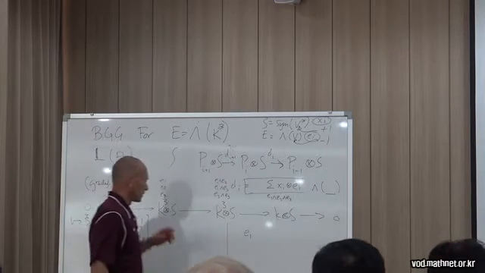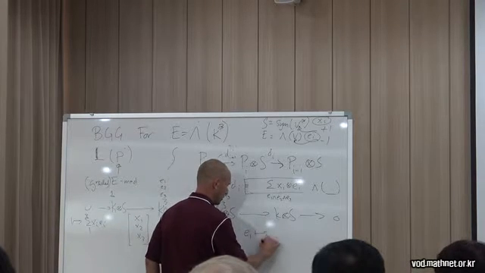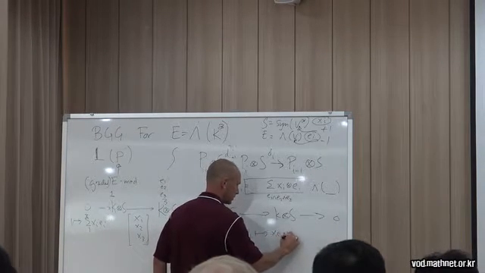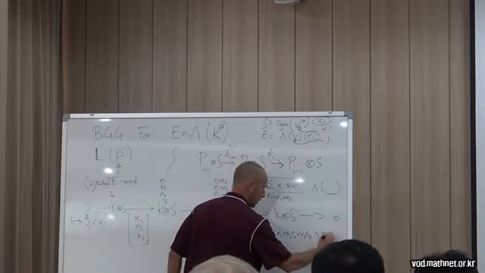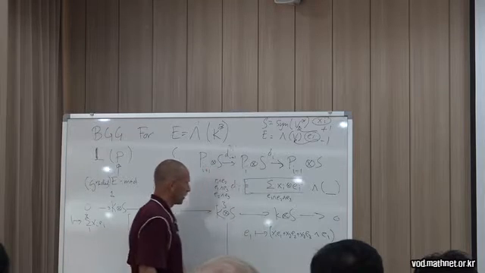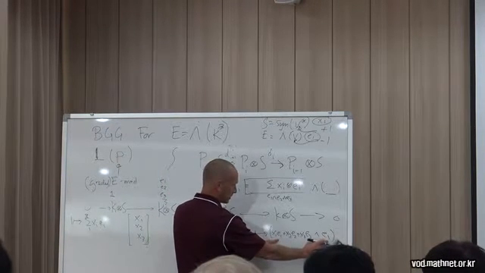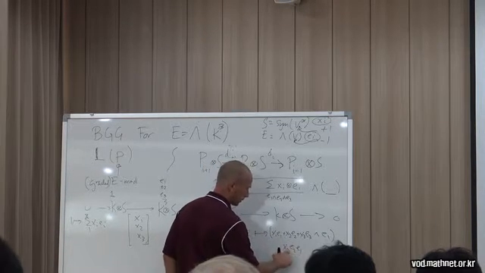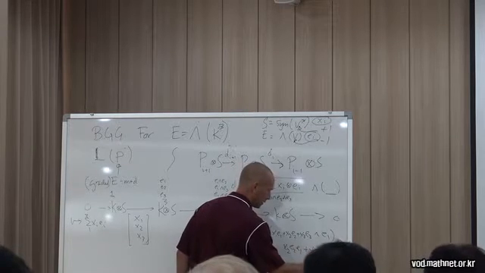Where does e1 go? e1 goes to x1 e1 plus x2 e2 plus x3 e3, wedged with e1. In terms of this basis, e1 wedge e1 is 0. So I get x2 e2 e1 plus x3 e3 e1, and I'm not writing the wedges.